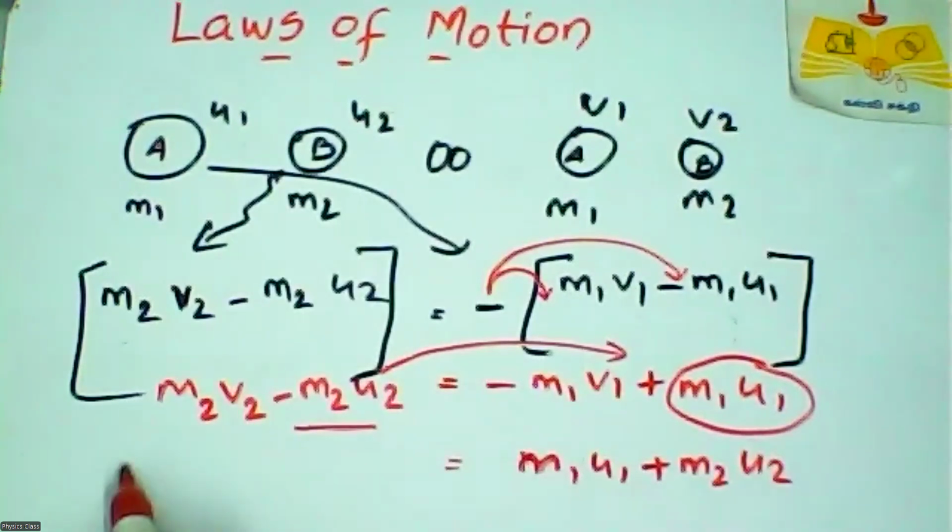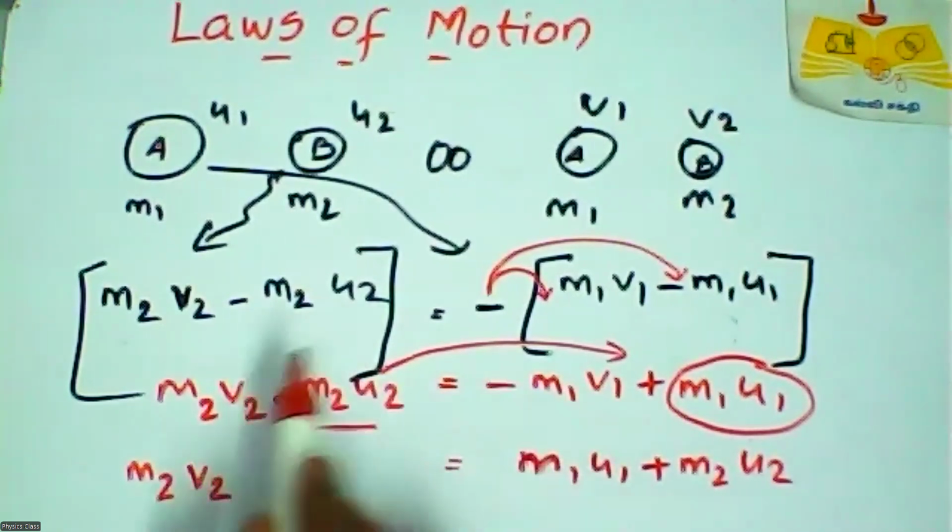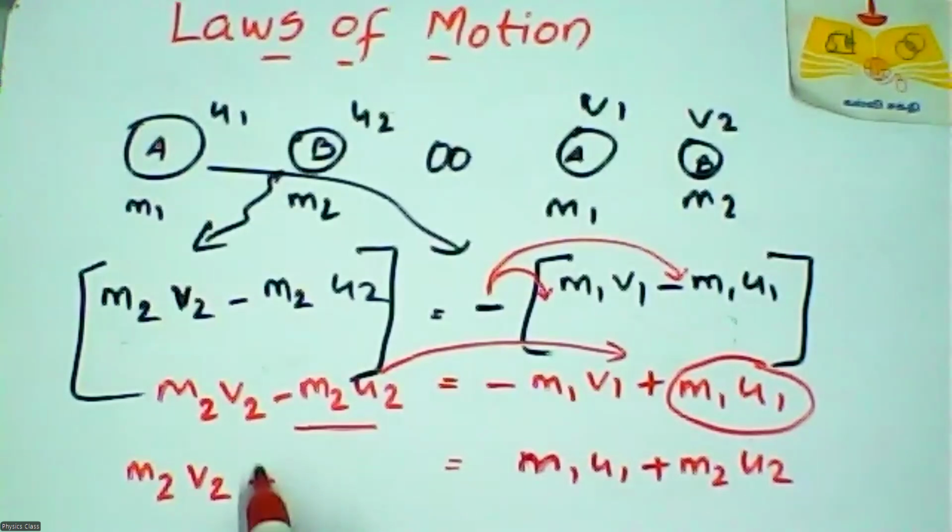The same way, m2 v2, that minus term goes here and the sign will change. So m1 v1. Okay, so you can check that. That is m2 v2, m1 v1, m1 u1, m2 u2.